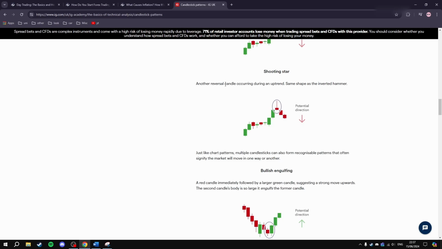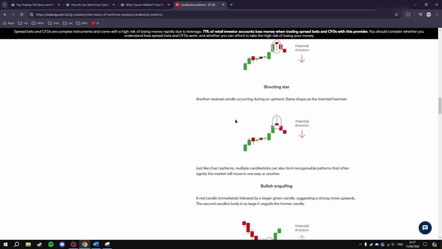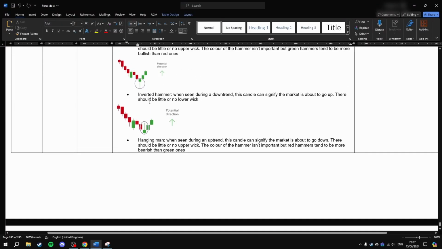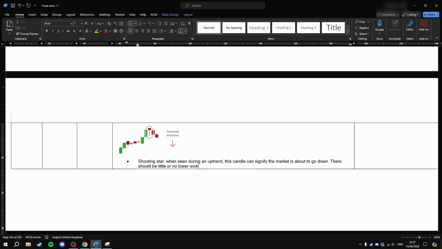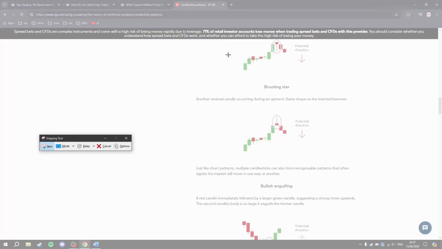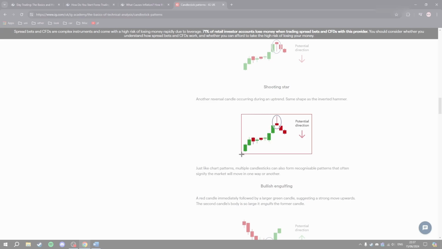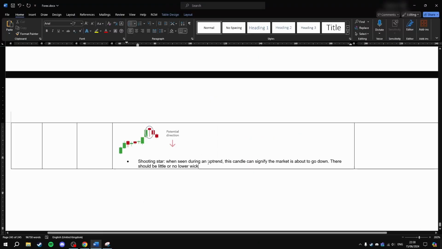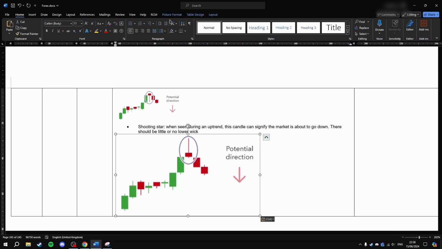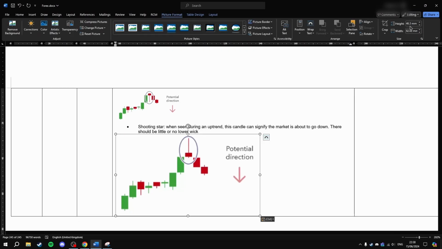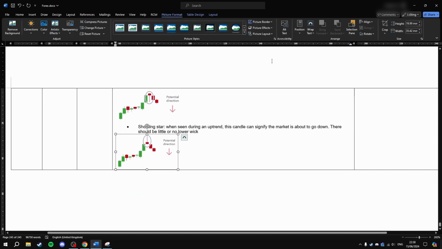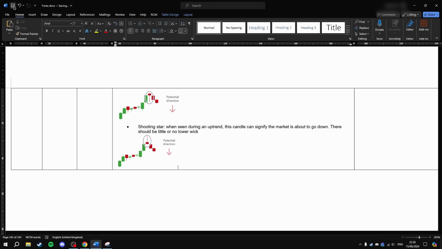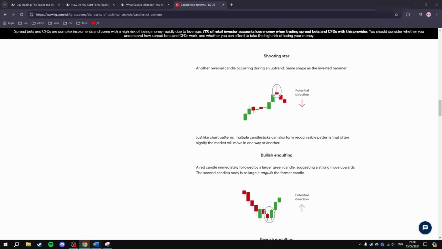Another reversal candle occurring during an uptrend, same shape as the inverted hammer. Yep. They should have called this inverted hanging man or something instead of calling it a completely different name, you know. But anyways, so that's that. So that's shooting star.